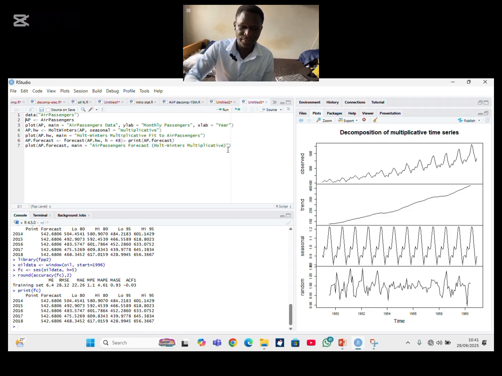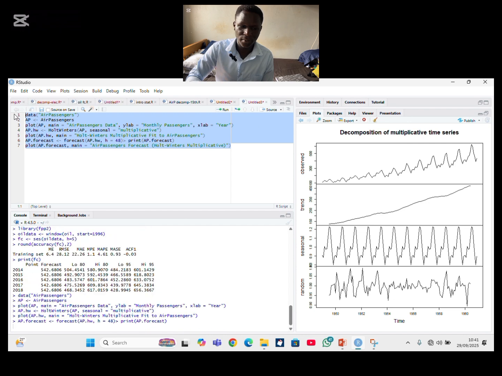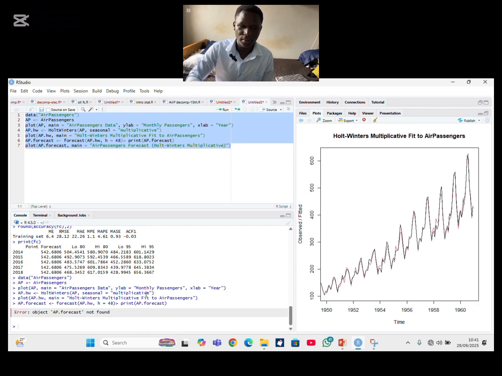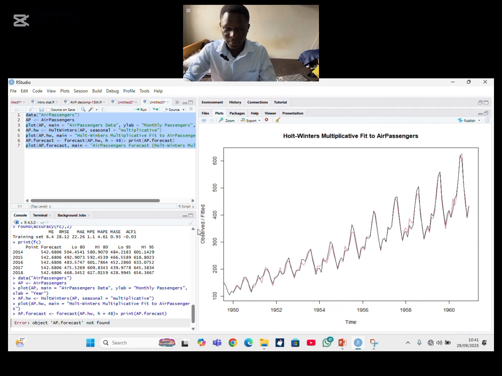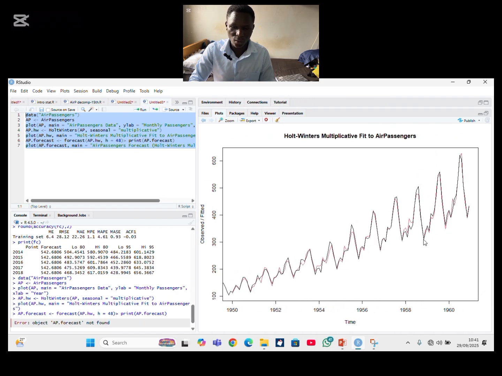Alright, now let's try and run our code here. Command enter. So it is giving us this illustration.